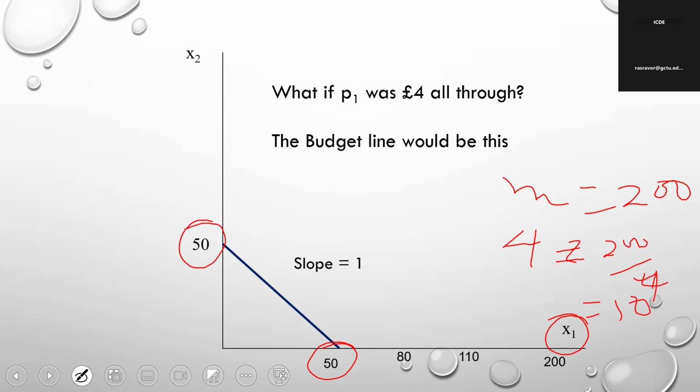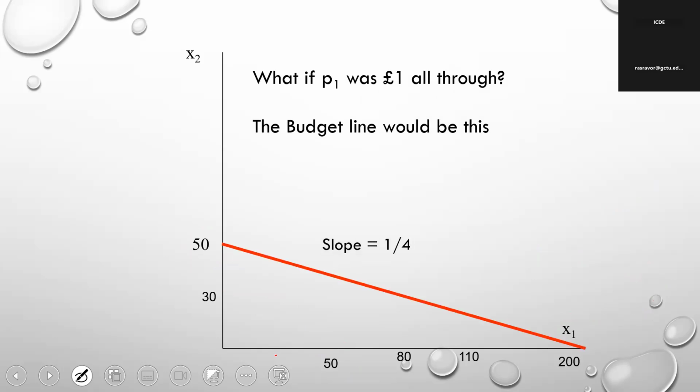Please pay attention here. Here, rationing has not even been introduced. So if I'm here, because they are all the same price, I can buy in between, determine where I want to be, whether I'm going to buy goods here so that I can trace it here, then know how much I'm buying. Now, what if P1 is 1 throughout?